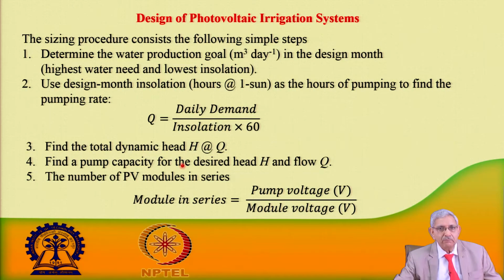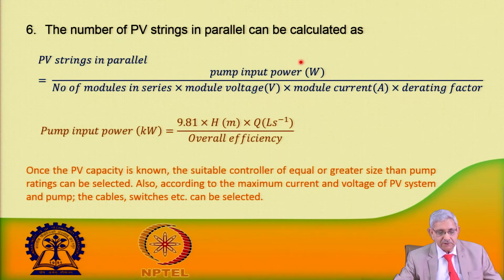The number of modules in series can be calculated by the pump voltage divided by the module voltage V. And when we are interested in finding the PV strings in parallel, this can be given by the pump input in watt divided by the number of modules in series multiplied by the module voltage, module current, and then the derating factor. So, these values are available.